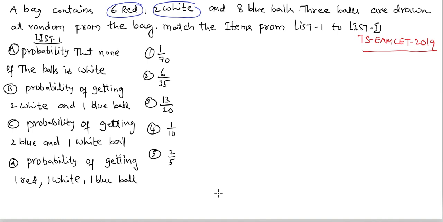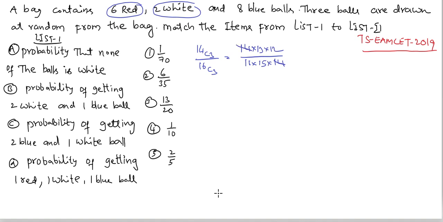That means remove the white balls. Total number of balls other than white balls: 6 plus 8, 14 balls. 3 balls are drawn, so 14C3 by total number of balls, that is 16C3. 14C3 over 16C3 is 14 into 13 into 12 by 16 into 15 into 14.